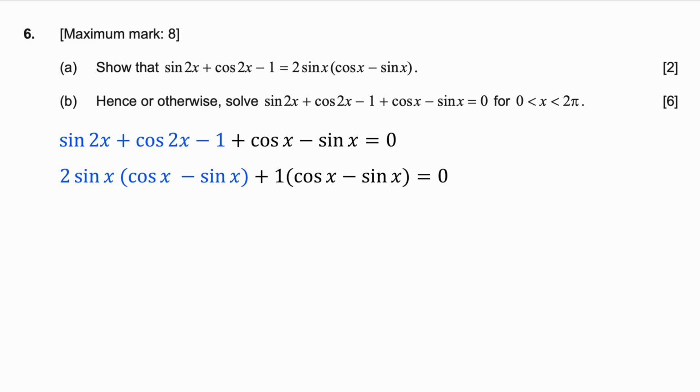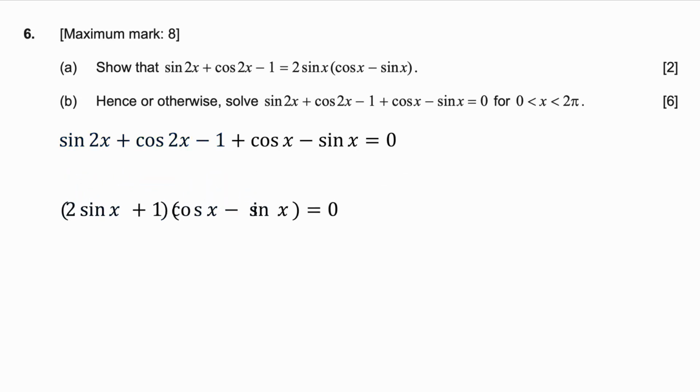And now I can see that we've got the same bracket twice, because actually the cos x minus sine x on the end is another bracket like that. And there's one of those. So I've kind of factorised a cos x minus sin x out of both parts of this equation.